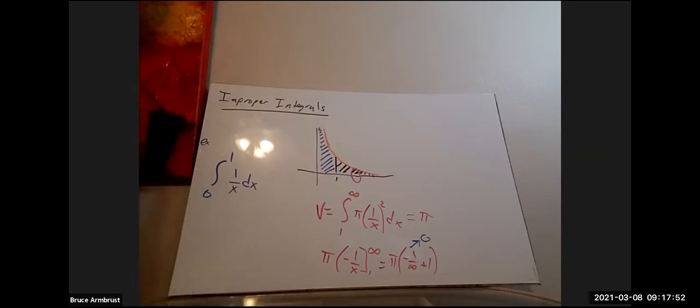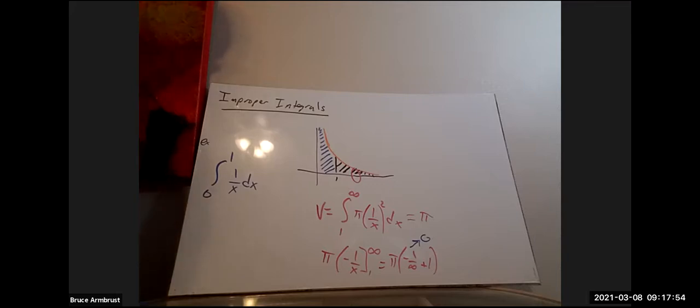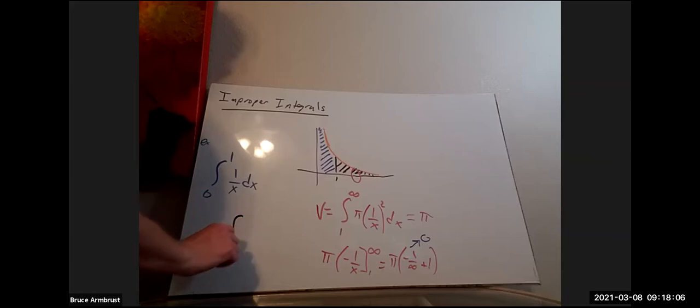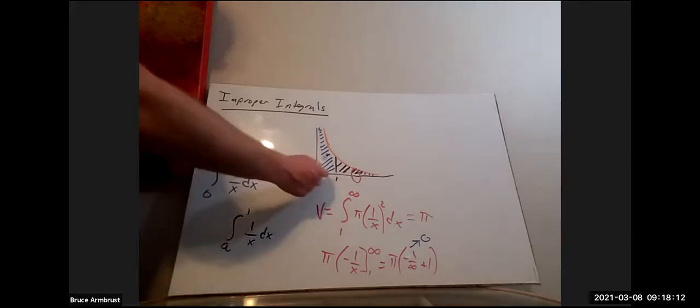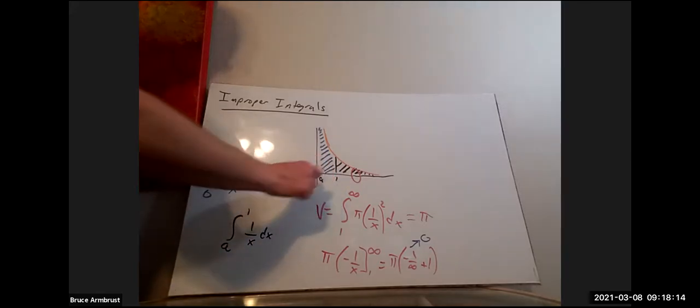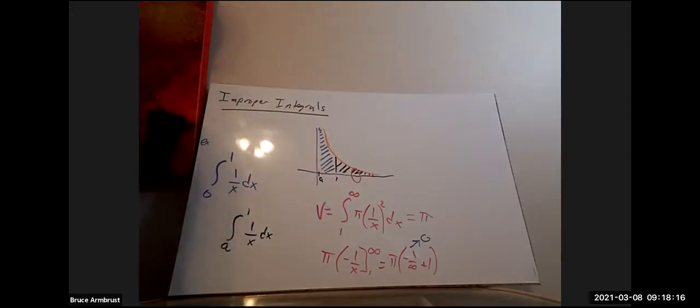So the trick with these is exactly what we did before. Now I'm going to write it out the long way this time, and then from here on out, we'll just do it the fast way. But basically, we're going to do this. We're going to say, let's change that from a 0 to an a. Because if I just go from a to 1, where a is any number in here, no problem. But then we'll let a go to 0.